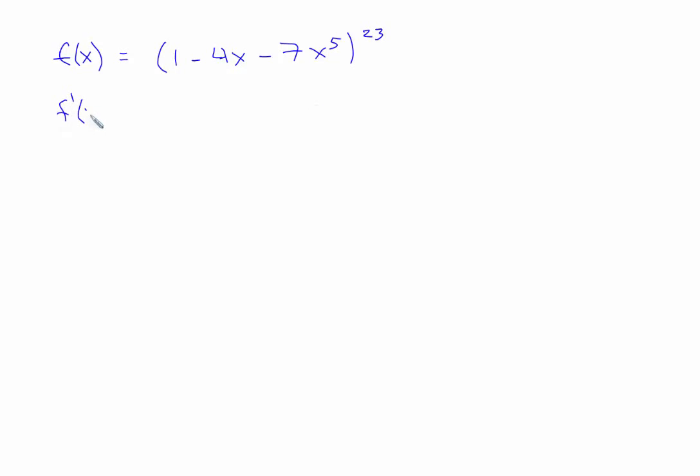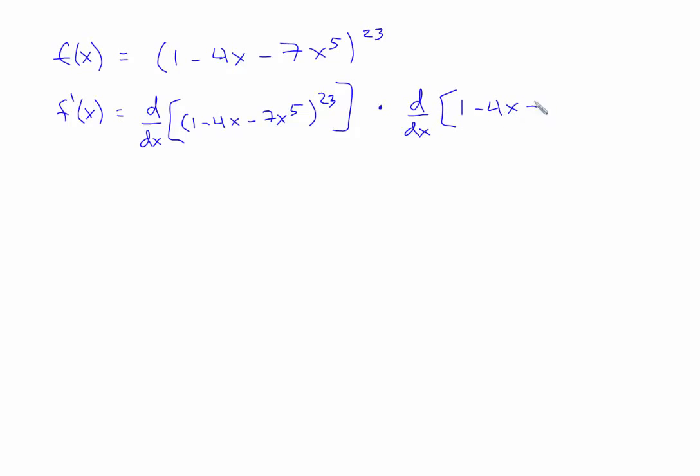So f prime of x is going to equal the derivative of the whole function, 1 minus 4x minus 7x to the 5th to the 23rd power, times the derivative of the inside function, which is 1 minus 4x minus 7x to the 5th.